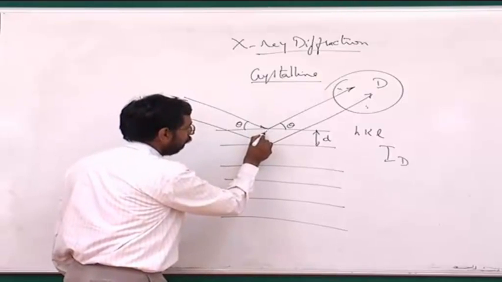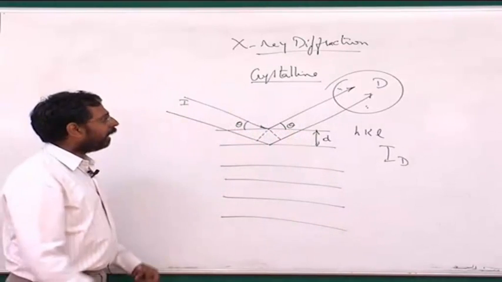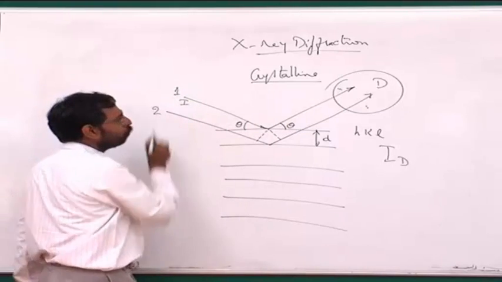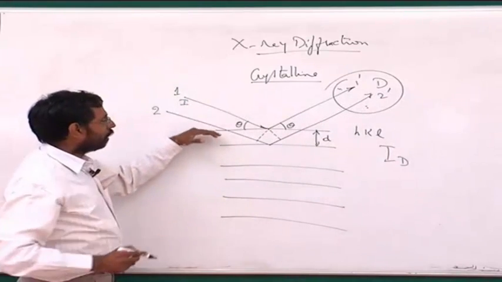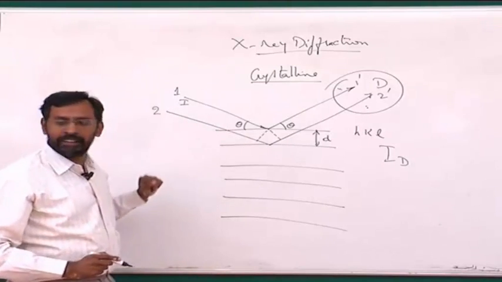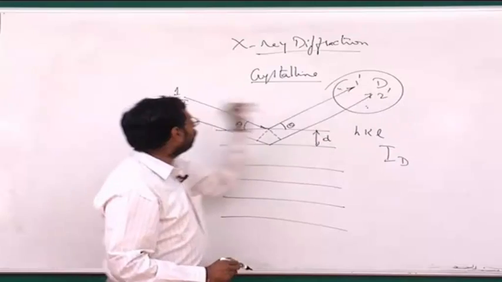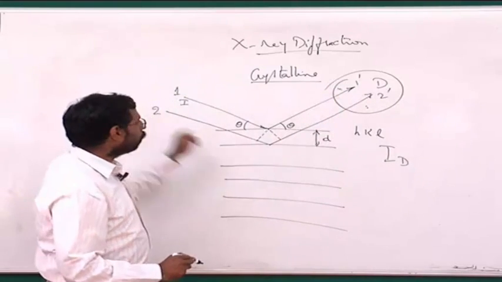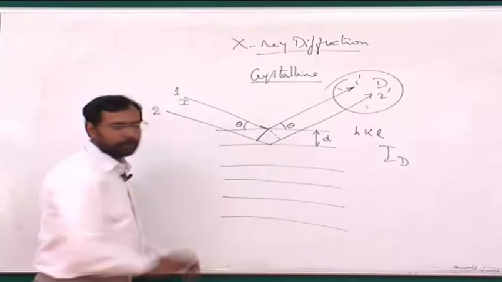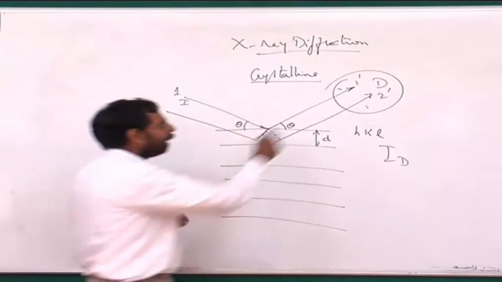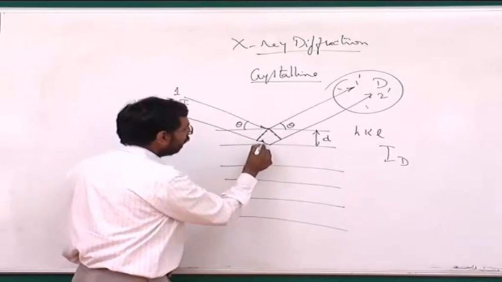If I draw a perpendicular from here and another perpendicular from here, and call these 1 and 2, and 1 dash and 2 dash, then 1 is an incident beam falling on the top plane, 2 is another incident beam falling on plane number 2, which is parallel to it. 1 dash is the diffracted beam coming from the incident beam 1, and 2 dash is the diffracted beam coming from 2. Beams 1 and 2 up to here have the same length, and similarly 1 dash and 2 dash up to here have the same length. The only difference is that 2 is traveling an extra path.